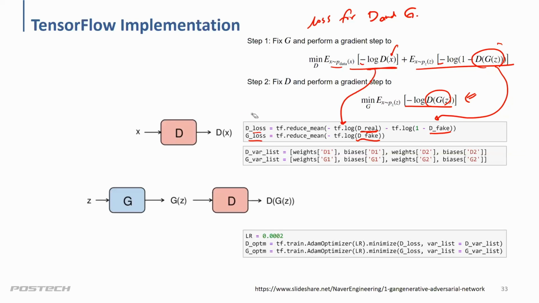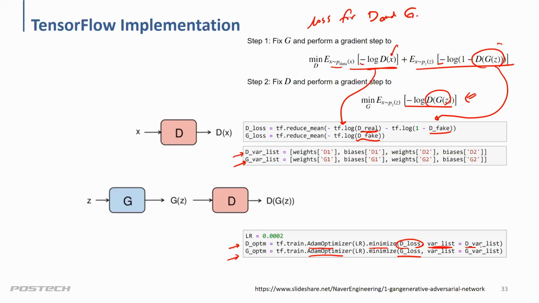Now, once we define it, we have two optimization functions. Both of them are going to use Adam optimizers, but I want to minimize the discriminator loss first, then the generator, back and forth. I will apply the Adam optimizer for the discriminator first. As you can see, the variable list is the only list that we are allowed to update.